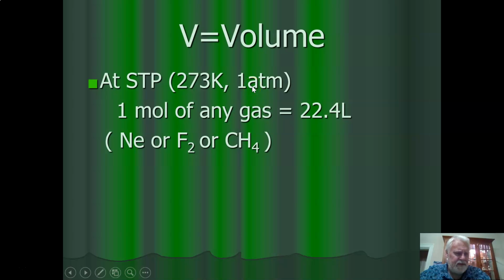But 1 atmosphere, which you guys now know is 101.3 kilopascals, 760 millimeters of mercury, all kinds of different ways you could talk about 1 atmosphere. Usually talked about as ATM, an atmosphere with standard conditions. 1 mole of that gas would occupy 22.4 liters.